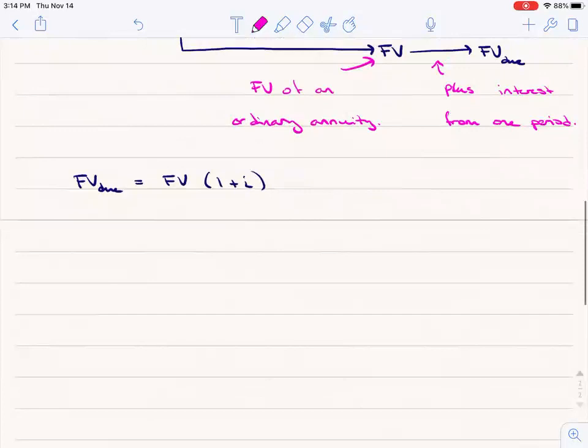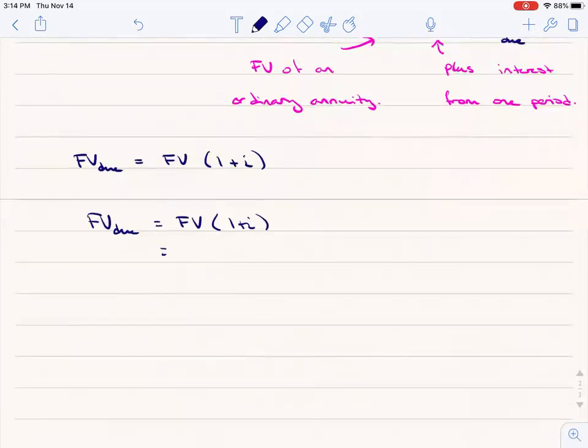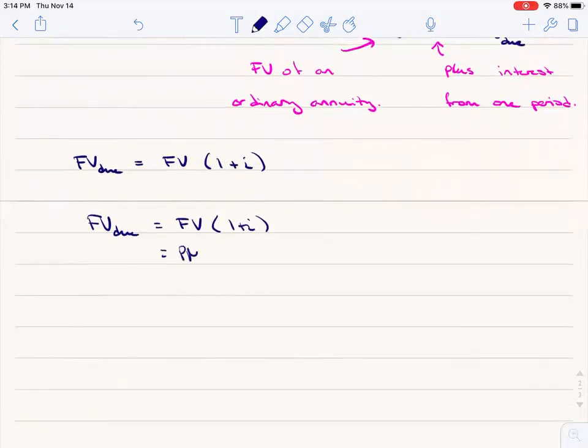So the future value due is the future value times 1 plus i, and we can replace that future value with the ordinary one, which is PMT, in big square brackets, times (1 plus i) to the n minus 1 over i. And then don't forget that 1 plus i, where i is the periodic interest rate, as always.